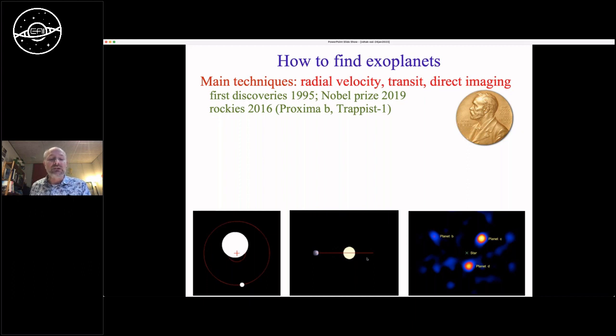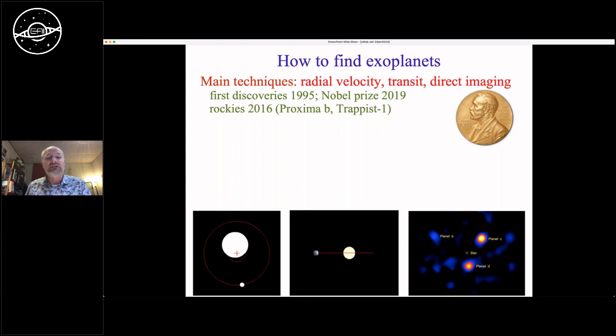The second method is known as transit. Some planets, if the orbit has the right inclination, move in front of their host star, and so they block a bit of the starlight. Of course, if a star gets a little bit less bright just once, that doesn't mean so much. But if this happens periodically, this means that there is a planet around that star.